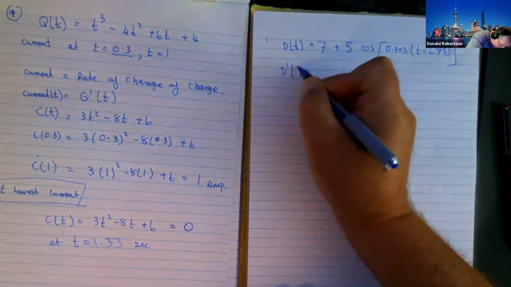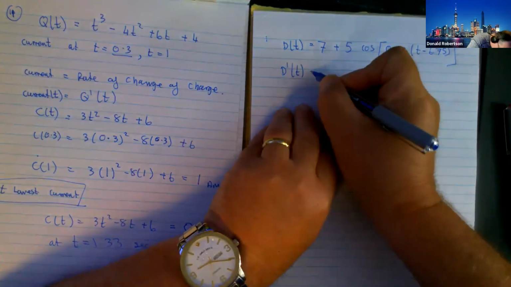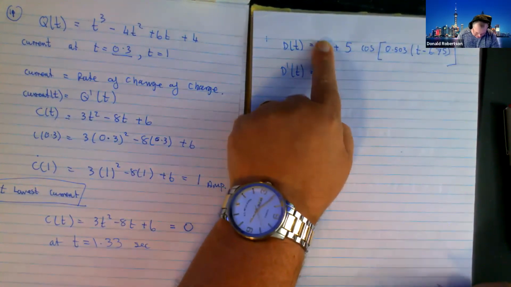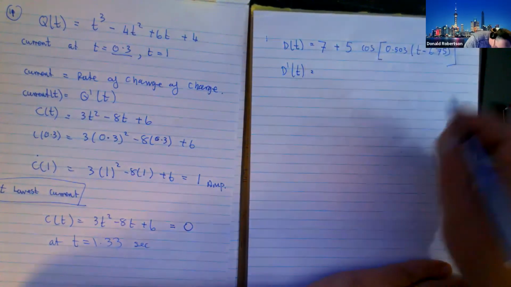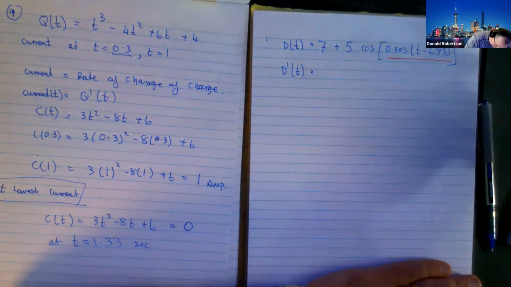Well, won't that just mean find the derivative? Right? If you want to find the rate at which something is changing, how fast it's going, how slow it's going, how it's changing? Find the derivative. Now, the only nice bit about this is that the 7 gets you 0. This is 5 cosines of ugly guy, so it's a chain rule. This is the inside function.